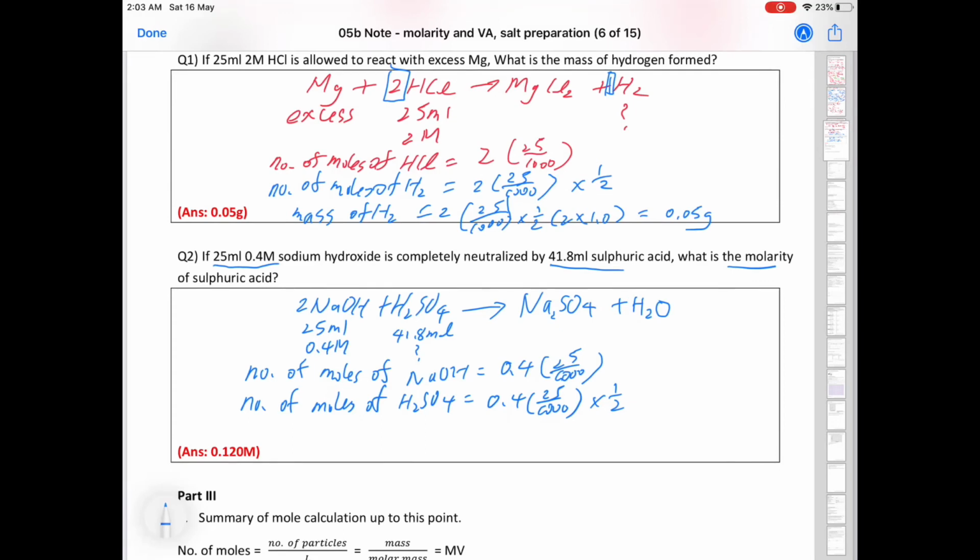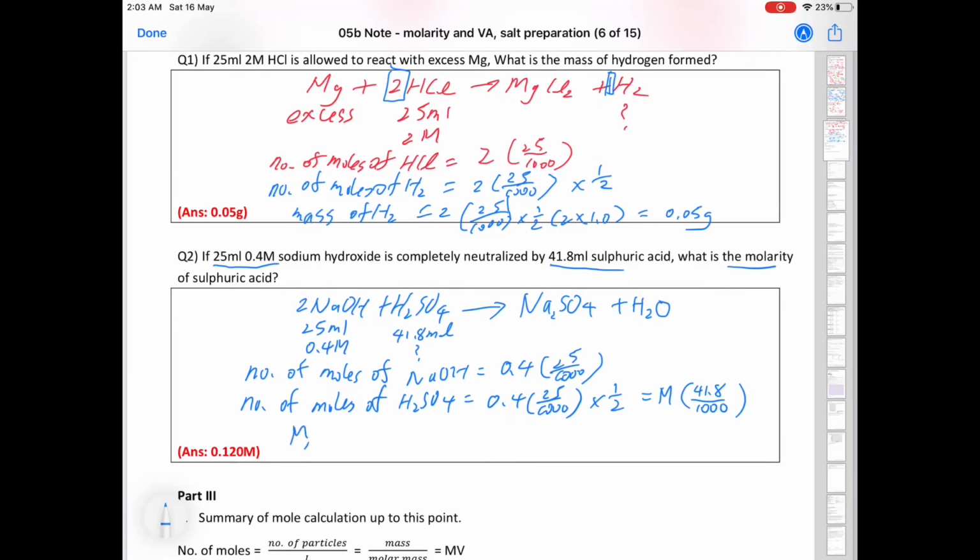And then finally, for this term, it will be equal to MV, and M is your target, so leave it. The volume is given as 41.8. Is it okay?